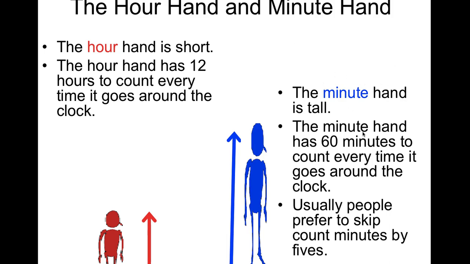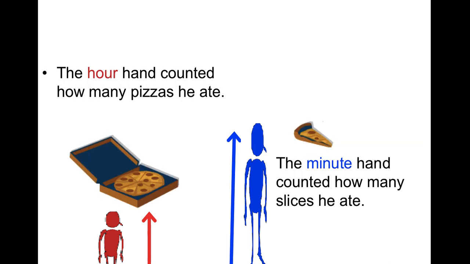So minutes total is 60 minutes, and hours, there's only 12 hours on a clock. So the hour hand counted how many pizzas he ate, and the minute hand counts how many slices he ate. So a pizza is a whole, and a slice is just like a part of a whole.